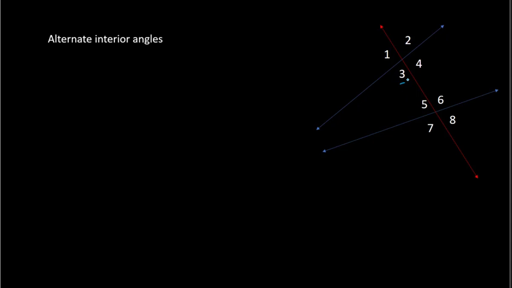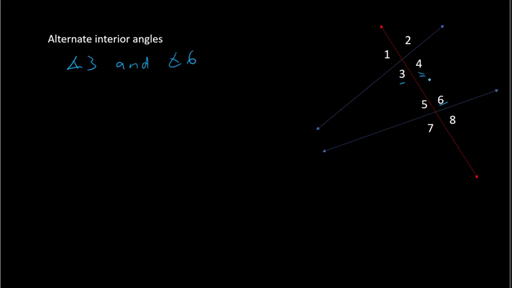An alternate interior angle to angle 3 would be an angle on the inside of the blue lines and on the opposite side of this transversal, this red line. And it cannot be touching, which would mean it has to be the 6 over here. Those are alternate interior angles. They're both inside the blue lines and they're on different sides of the transversal and not touching. So angle 3 and angle 6.